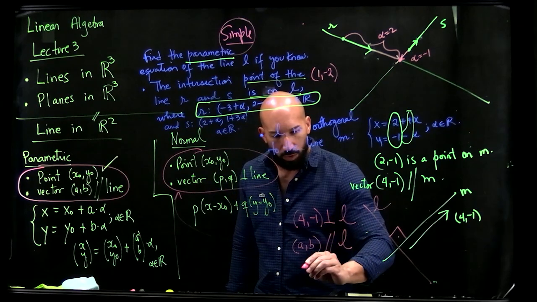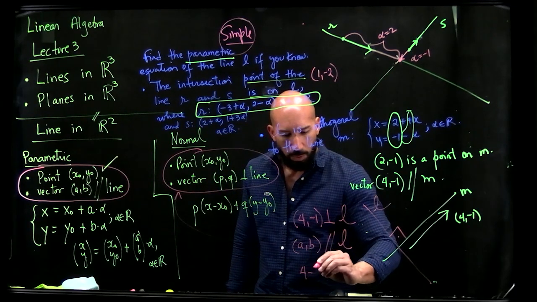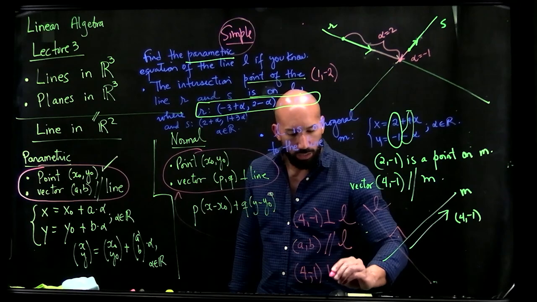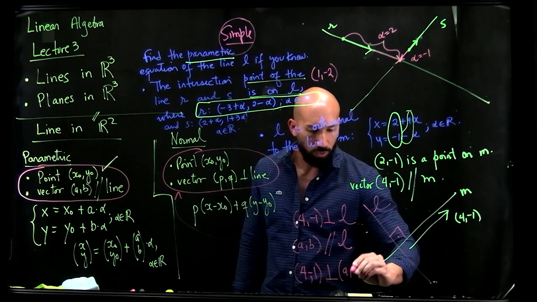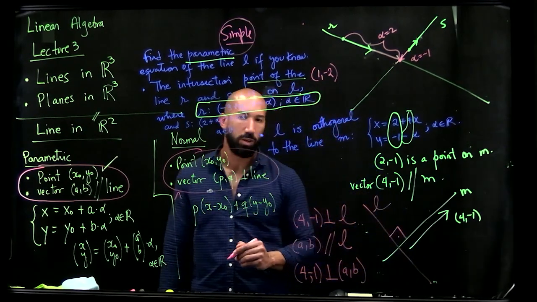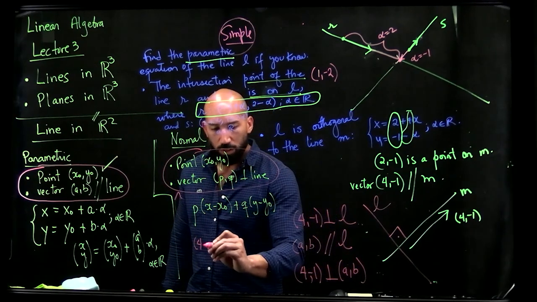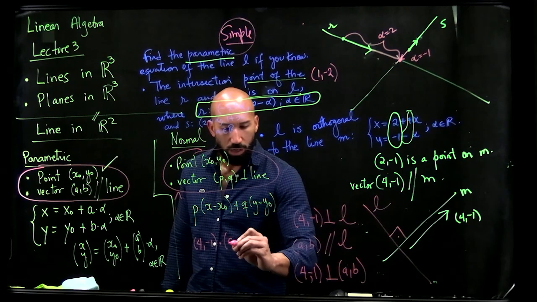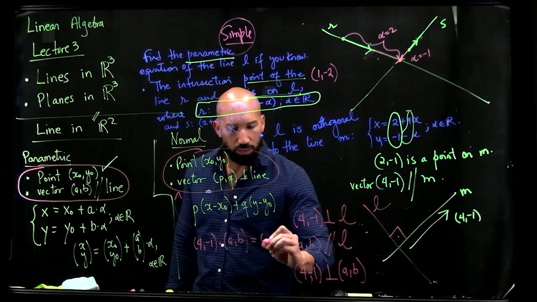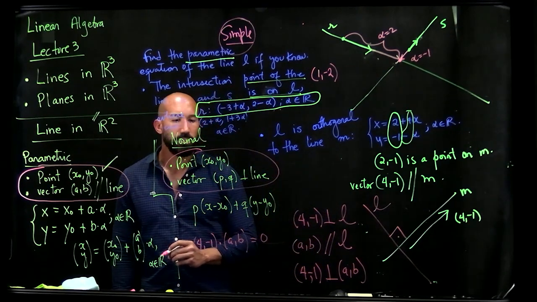From these two, we can conclude that 4, negative 1 is orthogonal to the vector AB. That is the vector that we need. But if this is true, the dot product of these two vectors needs to be 0.